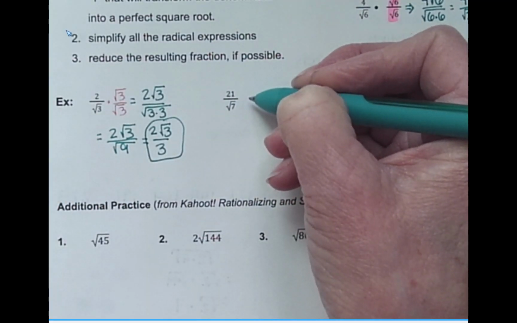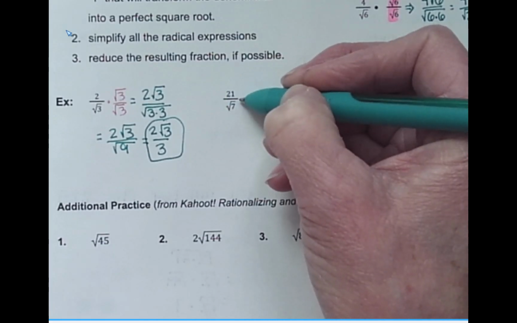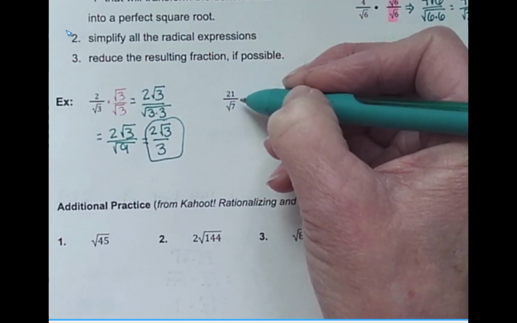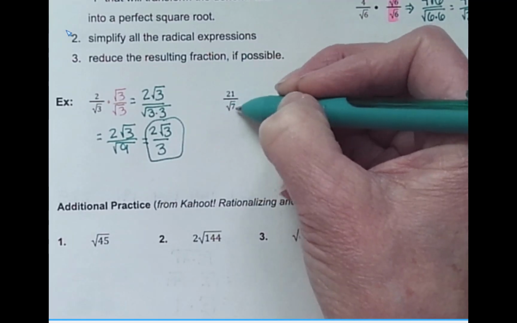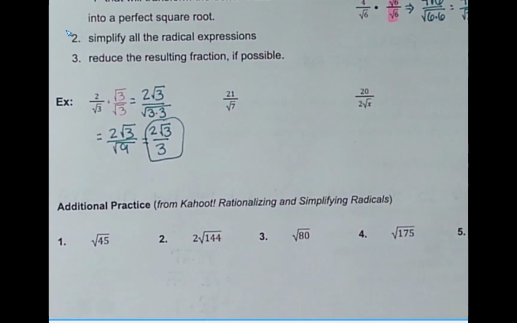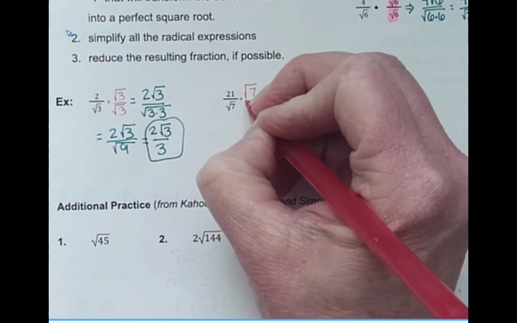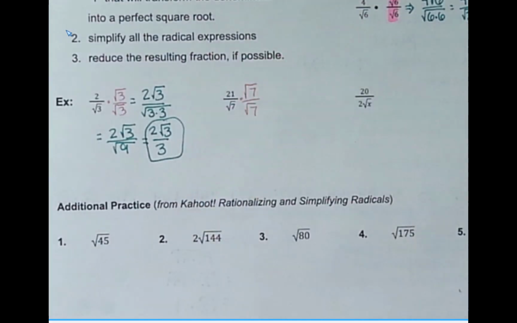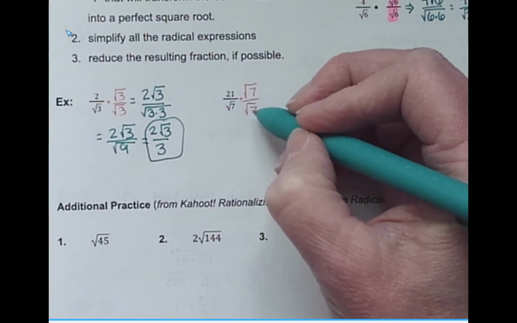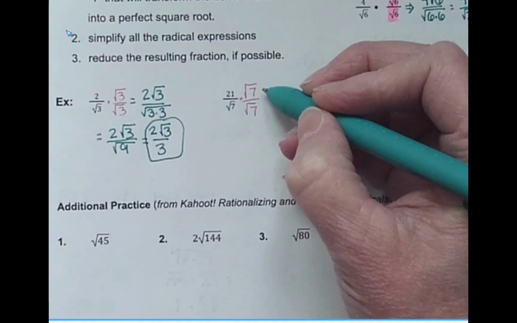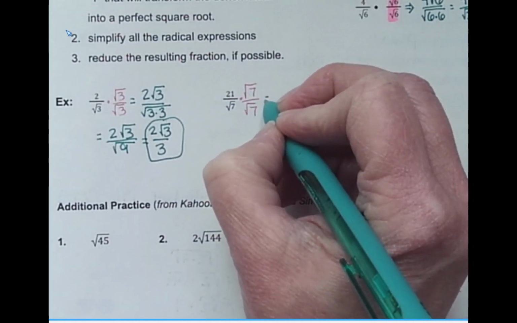Let's look at this next one. See if you can think of what we're going to multiply to rationalize this irrational number in the denominator. We're multiplying by 1, but this is what our 1 looks like, the square root of 7 over the square root of 7.